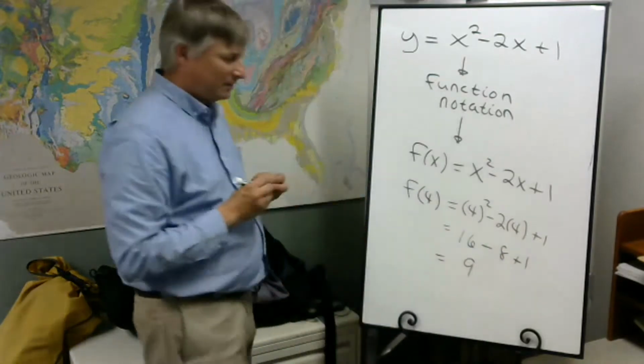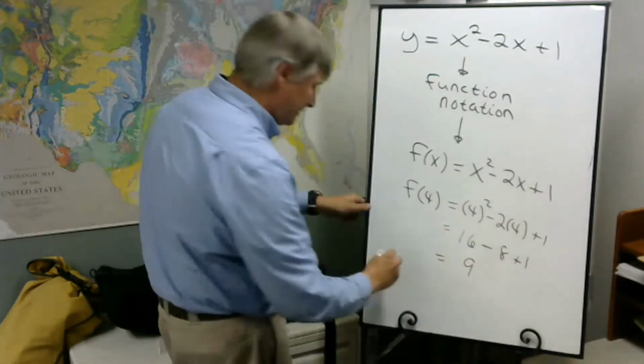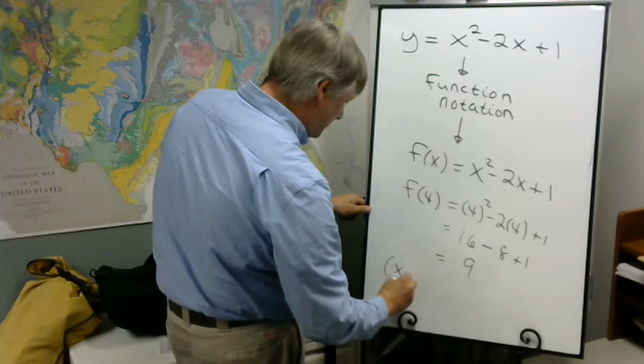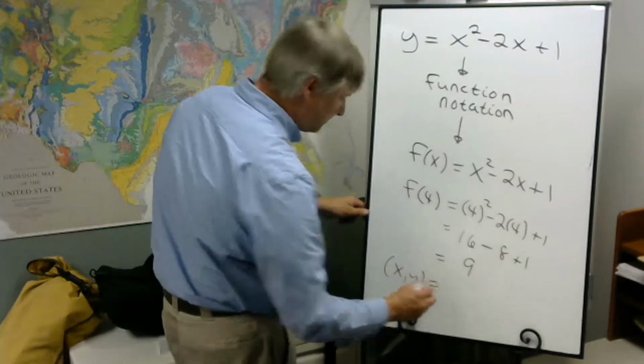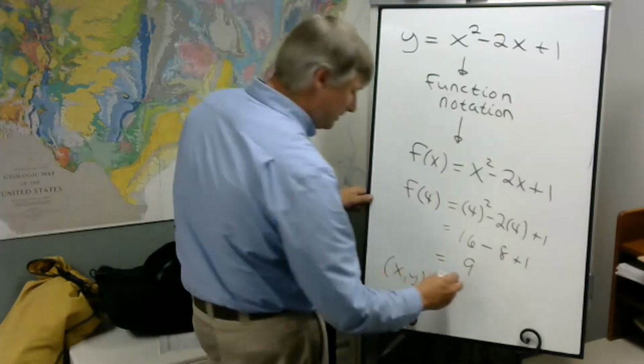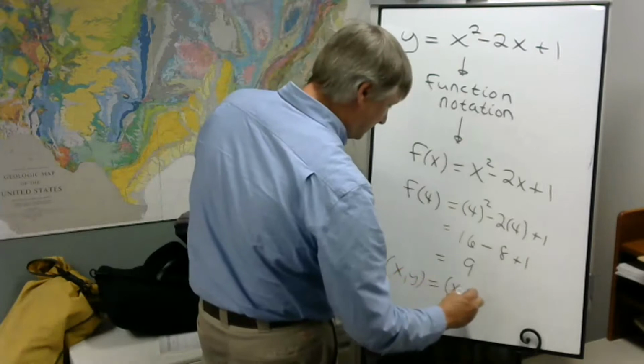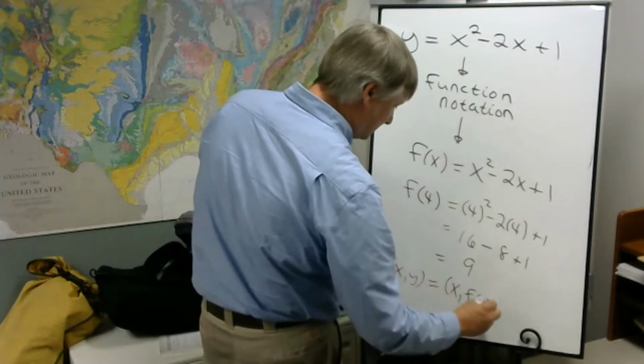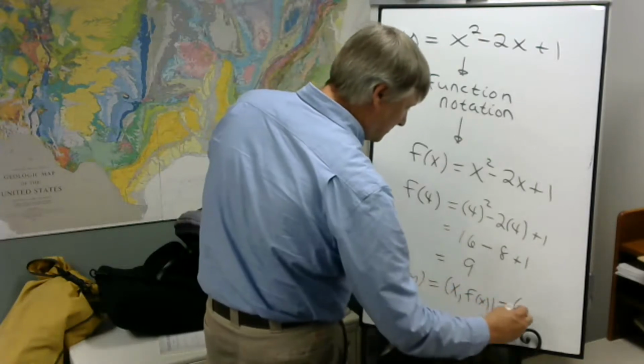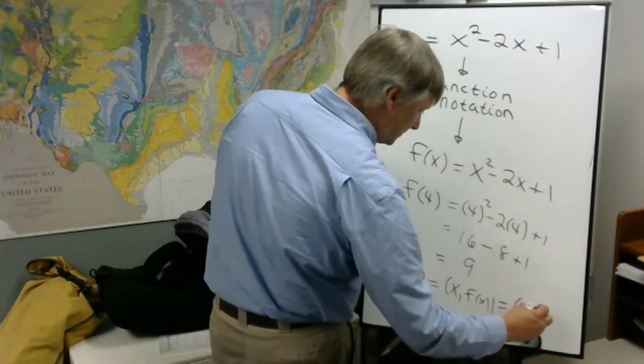So what you might see is, instead of x, y, you might see x, f of x, which is 4, 9.